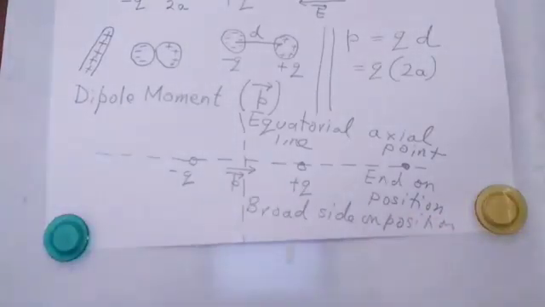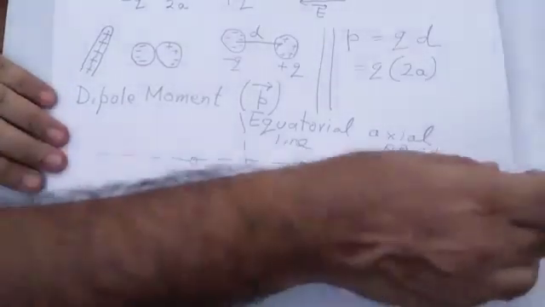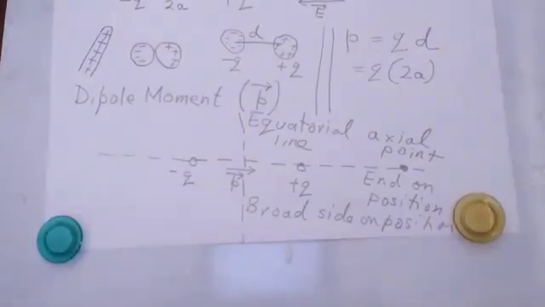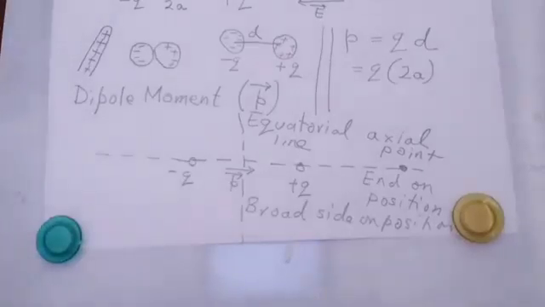So the line joining the two charges, if you extend it, we get the axial line, and any point on that line is called an axial point. And if you draw a perpendicular to the midpoint, the center of the dipole, that is the equatorial line, and any point on that will be called an equatorial point.